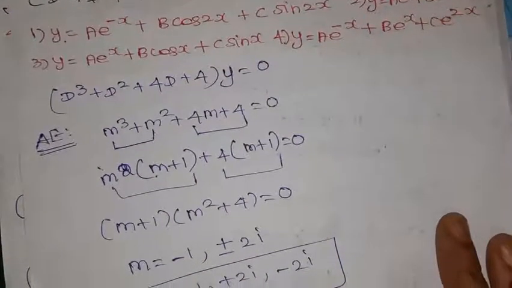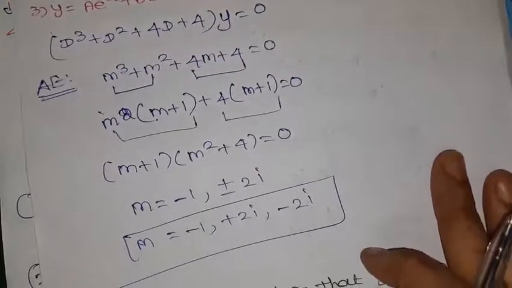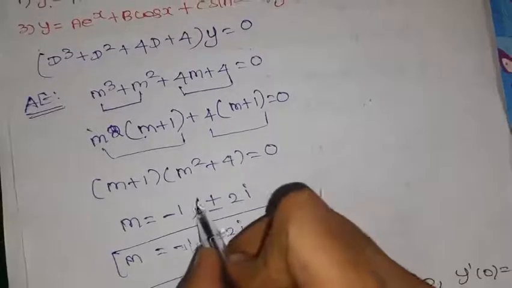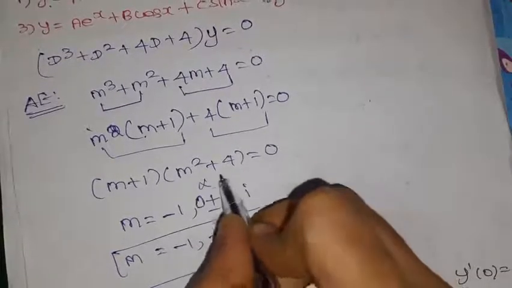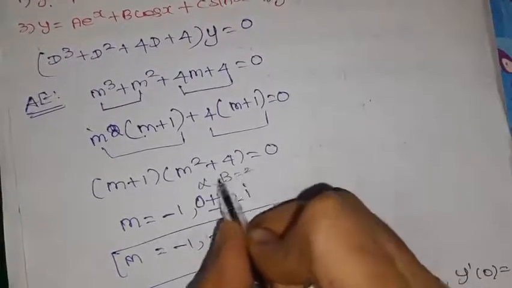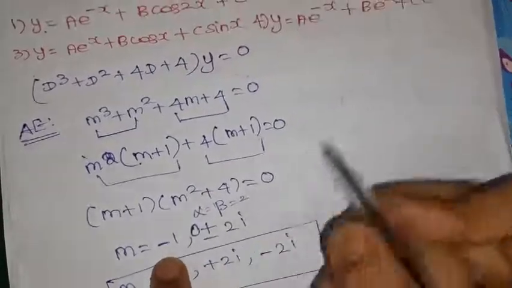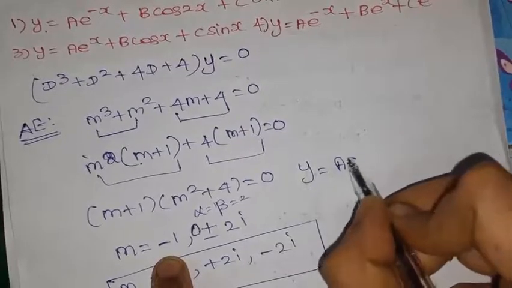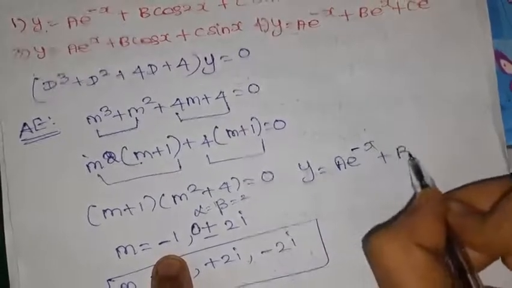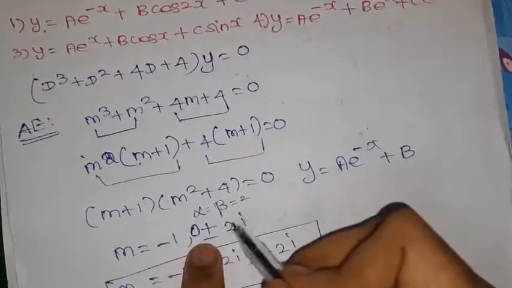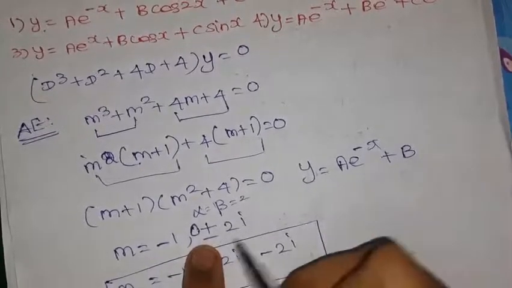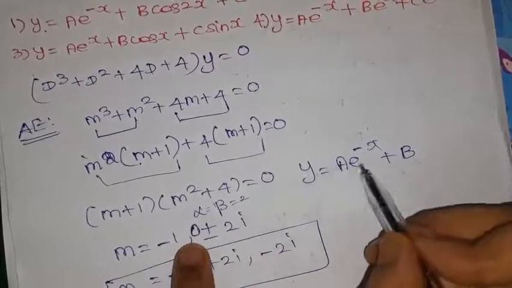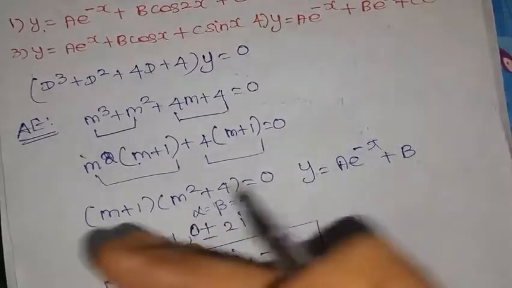So what is the solution? 3 different roots. Plus or minus 2i is nothing but alpha plus or minus i beta. Here alpha equal to 0 and beta equal to 2. So y equal to a e power minus x plus e power alpha x into a cos beta x plus b sin beta x for the complex conjugate roots. So e power alpha x is nothing but e power 0, we will get 1 only, so I am not writing this.